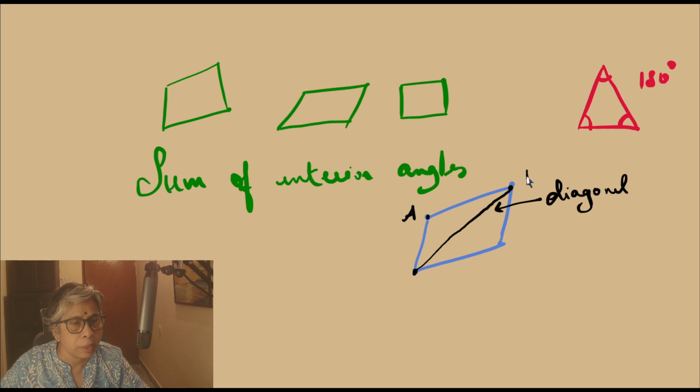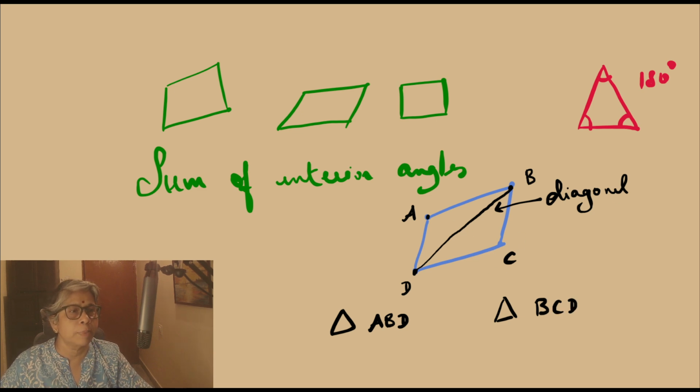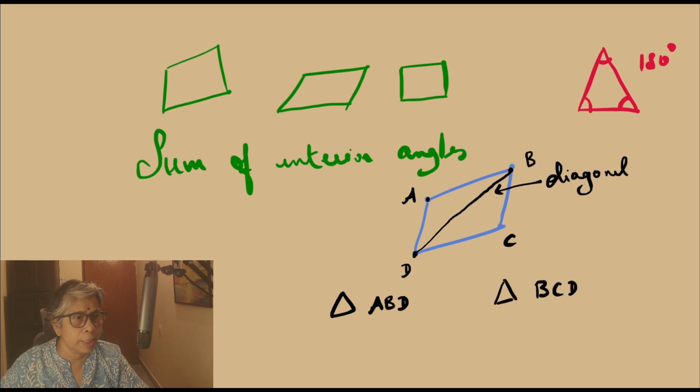If we name this quadrilateral as ABCD, this diagonal has divided the quadrilateral into 2 triangles, right? So one triangle can be called triangle ABD, and the other triangle can be called triangle BCD. So the quadrilateral has been divided into 2 triangles by the diagonal.